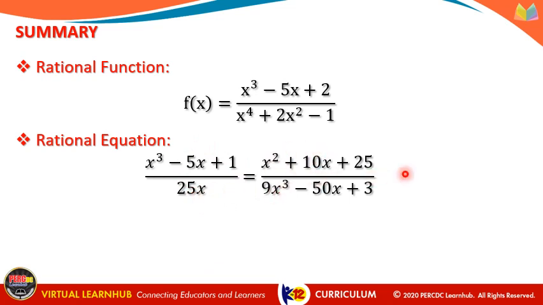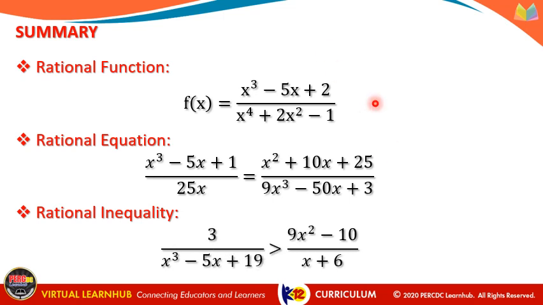Lastly, you have rational inequality. It is an inequality na kung saan yung nasa left side at nasa right side ay parehas na rational expressions. So let's say you have 3 over x cubed minus 5x plus 19 is greater than 9x squared minus 10 over x plus 6.